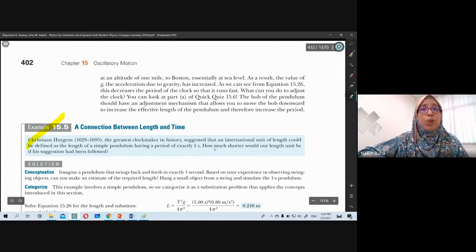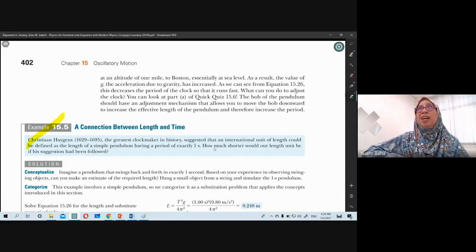How much shorter would our length be if his suggestion had been followed? He says, please follow my suggestion. This pendulum will give you 1 second, so whatever length that is should be our SI unit.